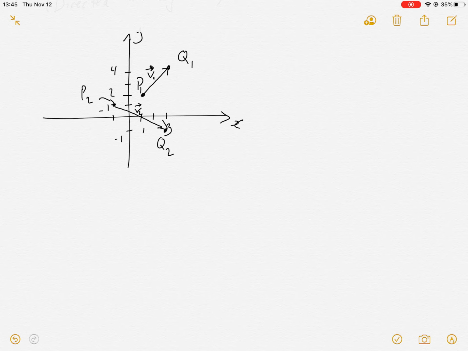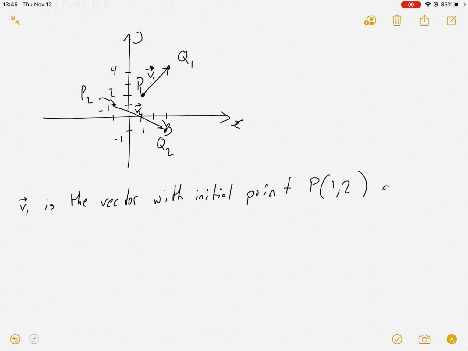So V1 is the vector with initial point P, 1, 2, and terminal point Q, 3, 4.